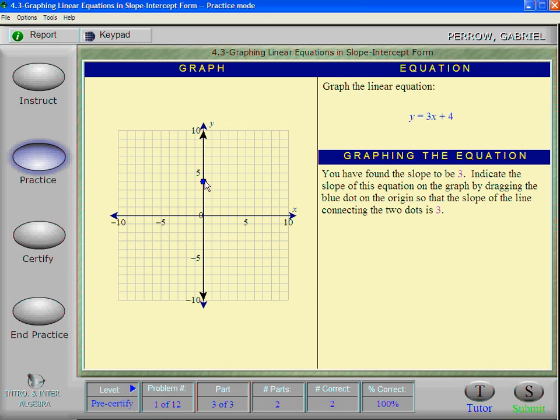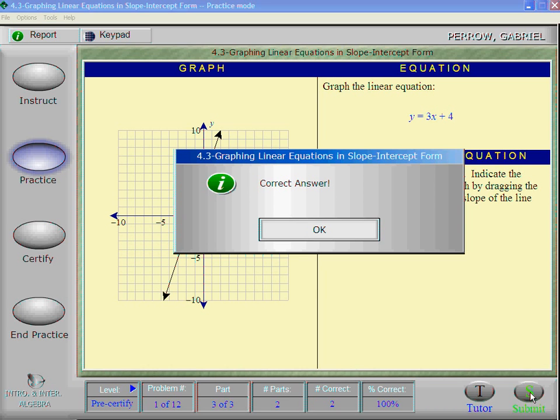So you go up 3 and 1 to the right. You're going to find another point on this line, and that gives you a rough sketch of all the solutions for that particular equation.